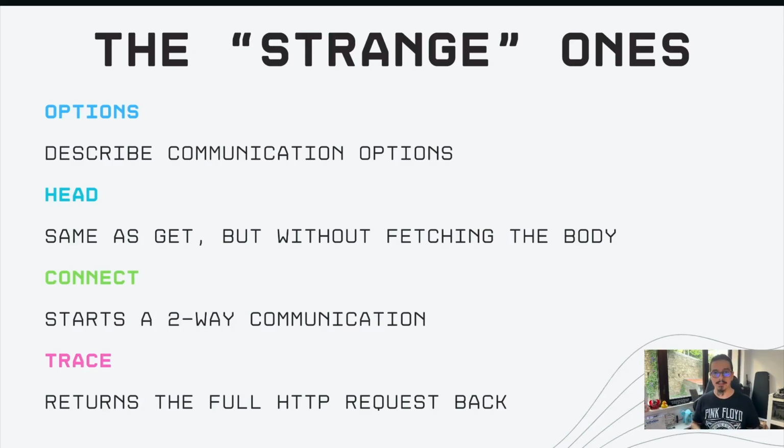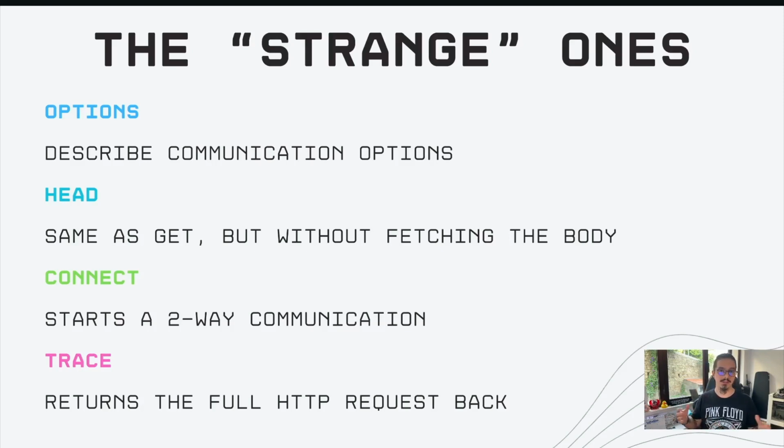Then we have the HEAD method, and the HEAD acts just like a GET call, a GET method, but it doesn't fetch the body of the resource. And why should I use that? In some cases, you don't care about the body of the response. You just care about the HTTP headers of that response. You don't want the content.